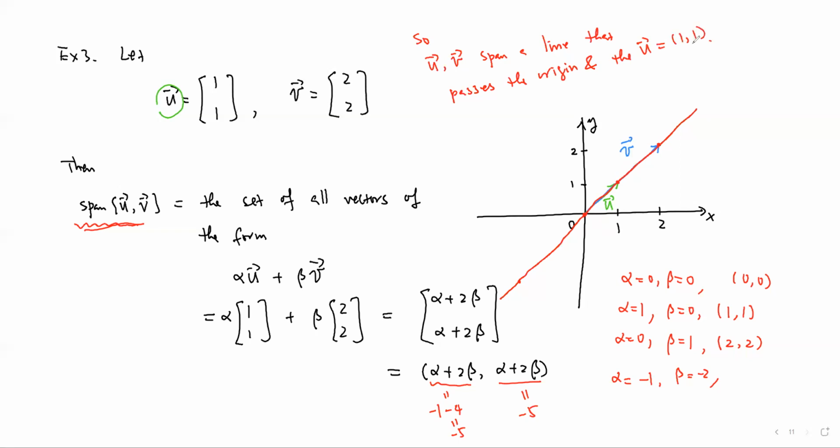So now this time, when two vectors are on the same line, then they span only a line. When two vectors are not on the same line, they span a plane. I don't have time. Okay, now let me stop here today.